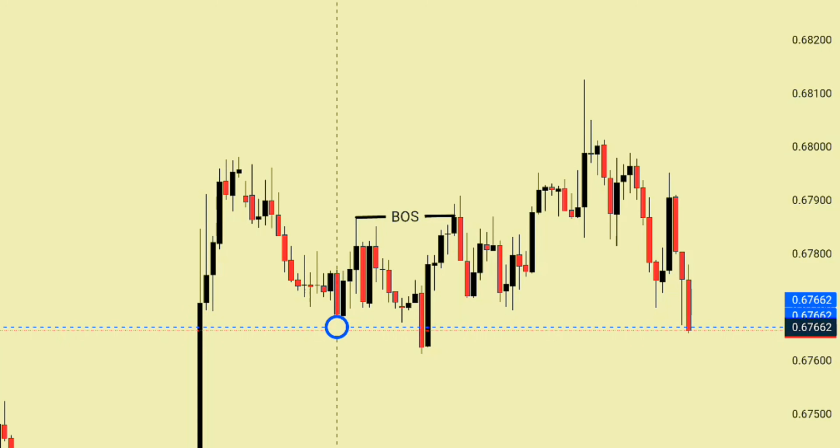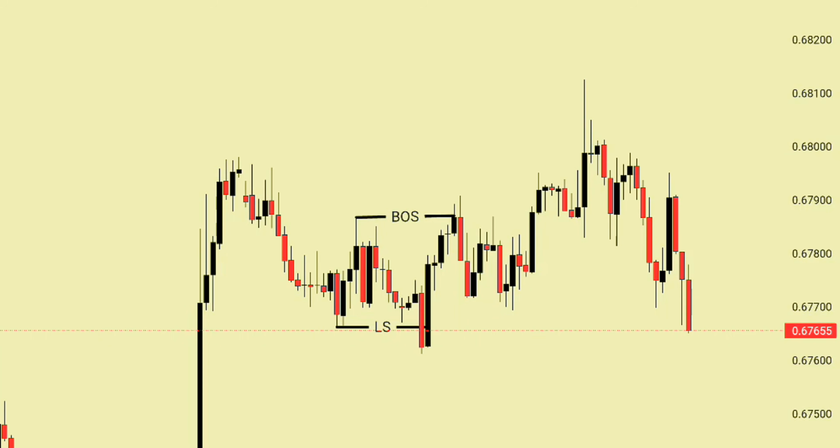After the bullish break of structure, the market does something very common. Instead of continuing straight upward, it pulls back and sweeps the liquidity sitting below the previous lows. A liquidity sweep happens when the market dips below a level where many traders place their stop losses or enter early positions. This sweep tells us that the market is collecting sell-side liquidity. Why does this matter?